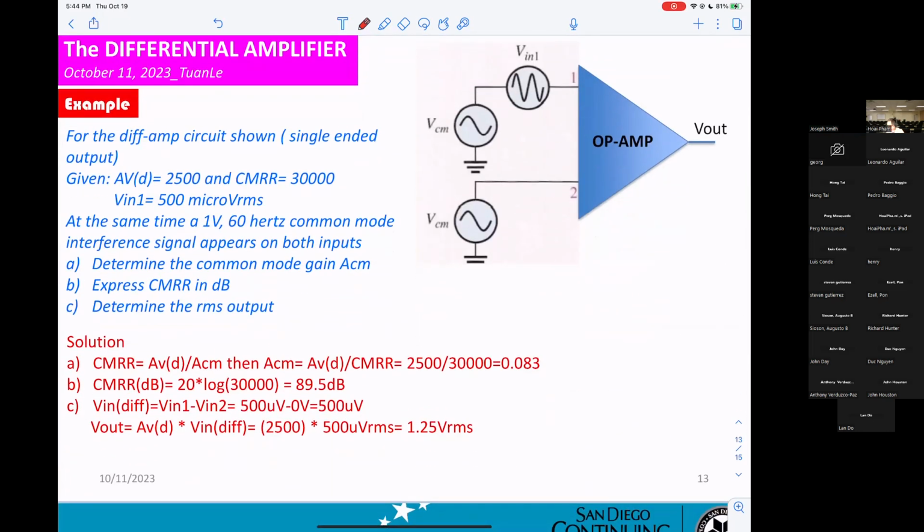Yes, it's 68. Now, for example, for the differential amplifier circuit with single-ended output, what does that mean?